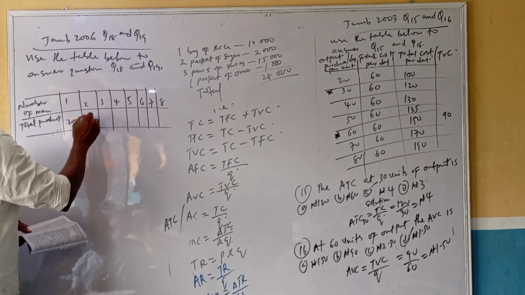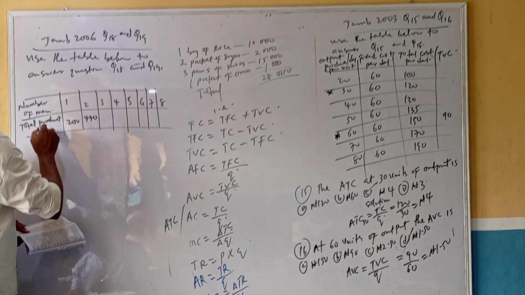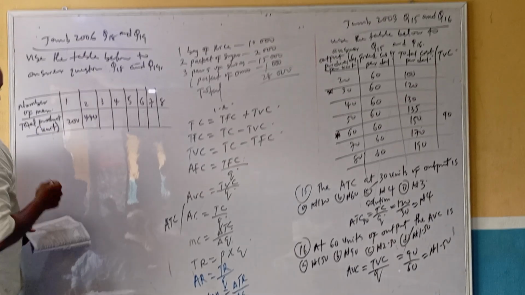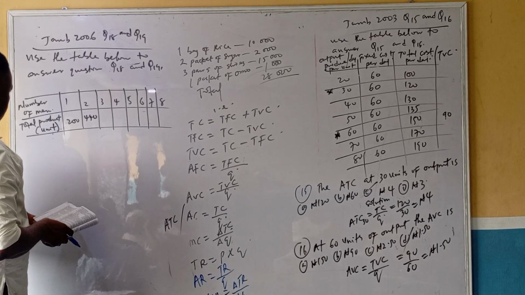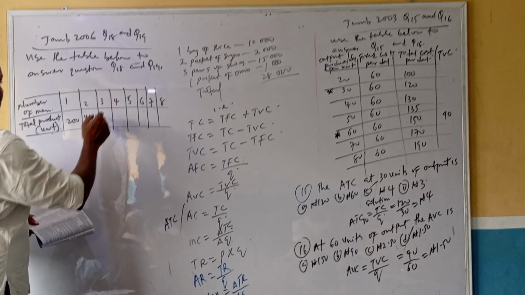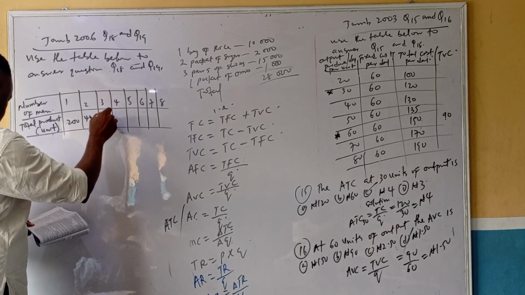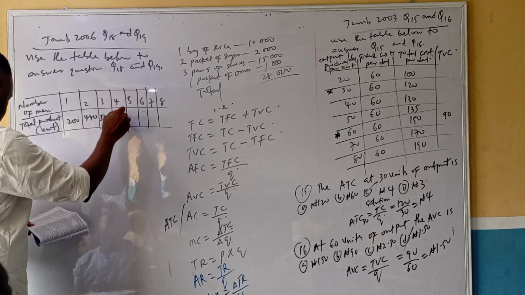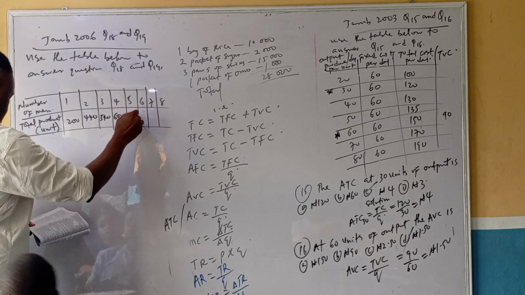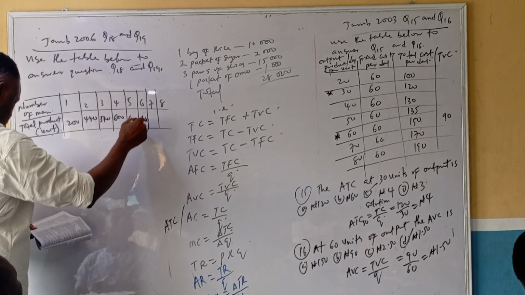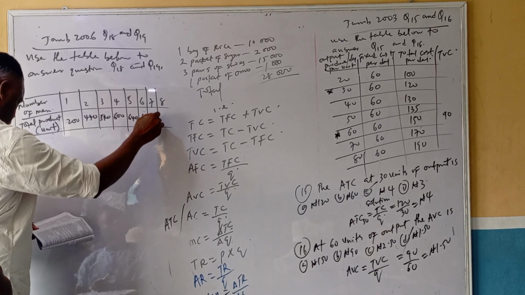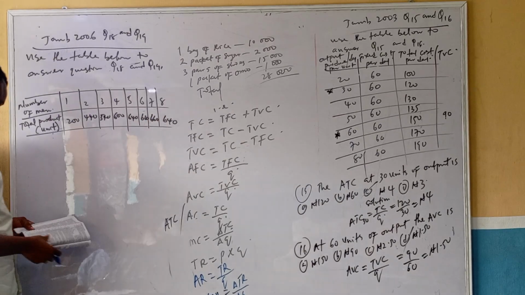Total product: 200, 440, 540, 600, 640, 660, 660, 640.